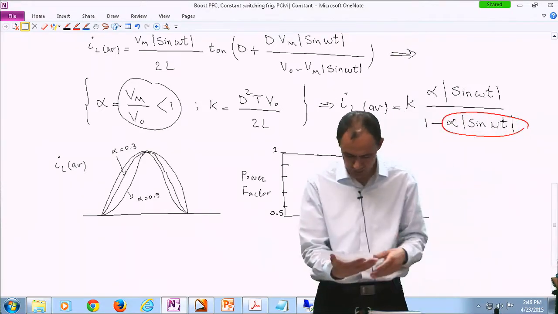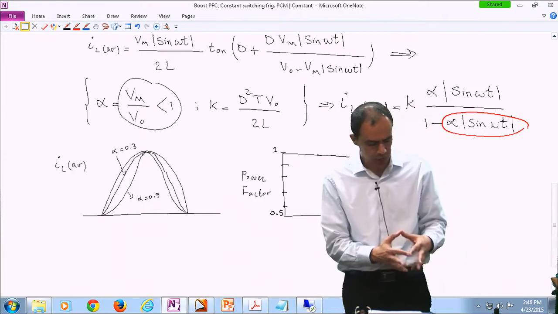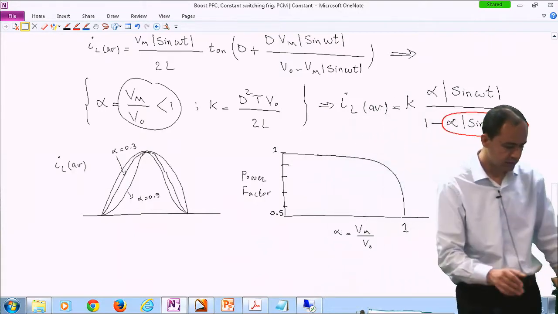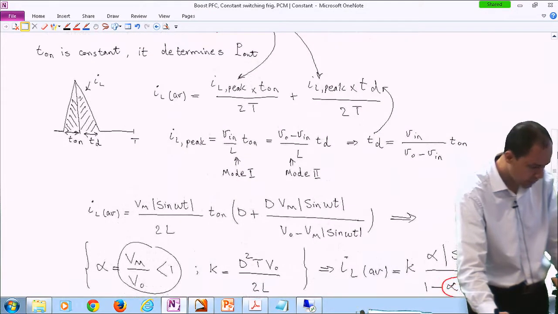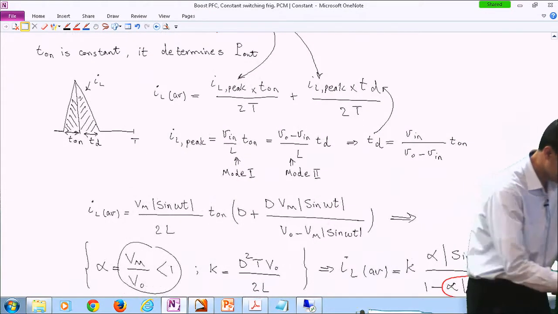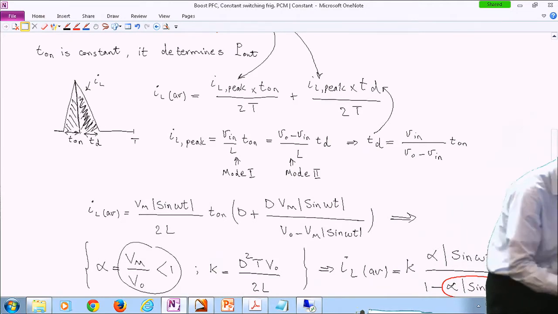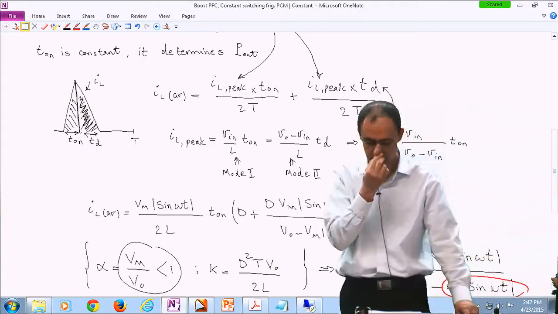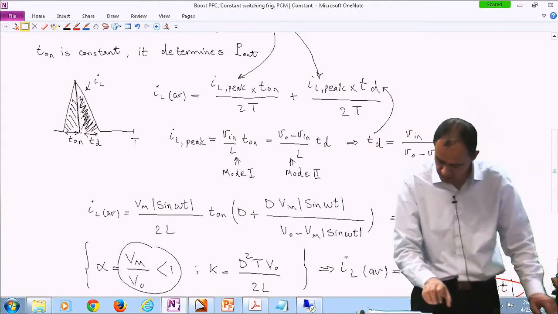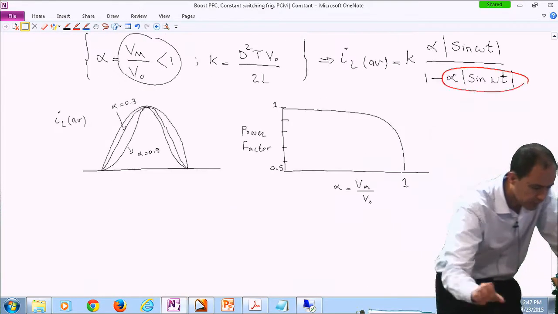Unfortunately, my simulation does not show that. But you can argue that if alpha is very large, TD gets very small, and once TD is totally eliminated, this peak was proportional to the sine function. Therefore, you are looking at an average value that is also proportional to the sine function. So let me write it down here.